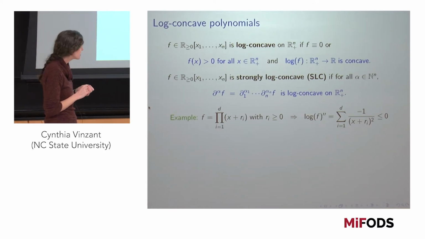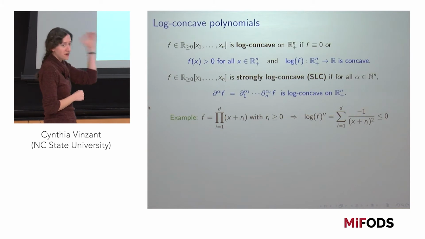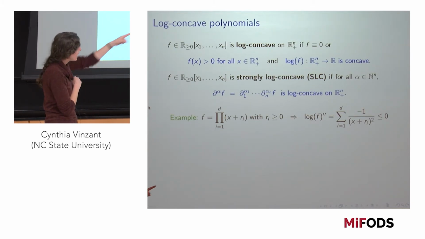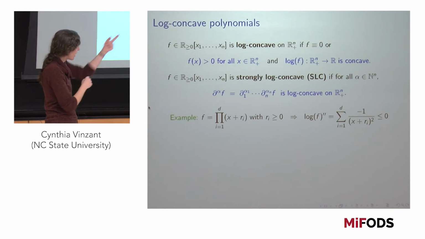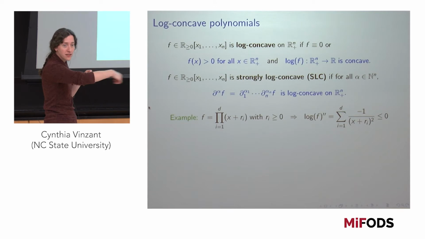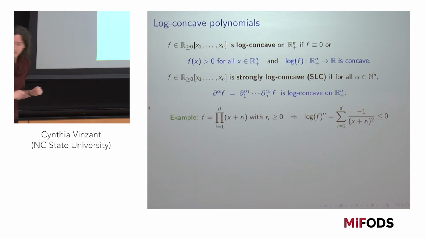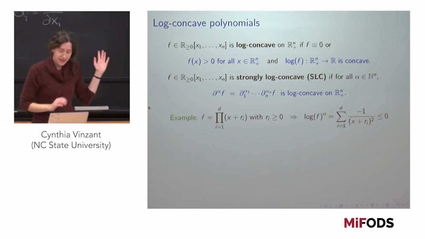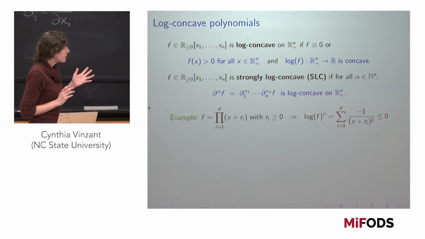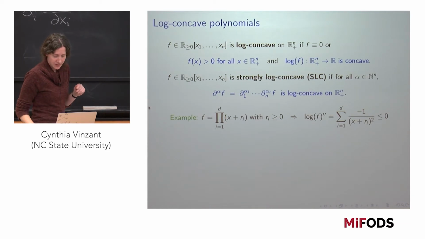What happens is I get a nice rational function whose poles are all negative. And so I get that the second derivative of the log is non-positive as a function on the positive real line, the way we want it. And so this means this function is log-concave on the positive real line.